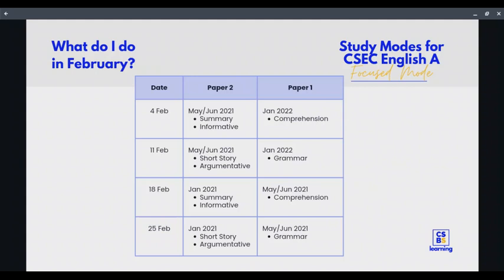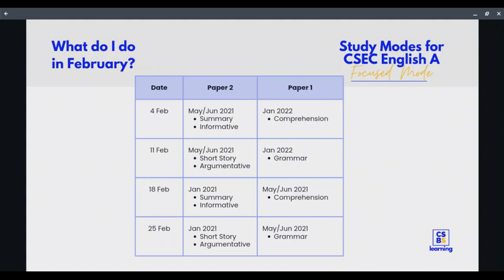So I'm showing you the exact past papers that I'm recommending for my classes. You're going to see a deadline date. Those days are Saturdays. So you want to make sure that by the weekend you have accomplished these activities.